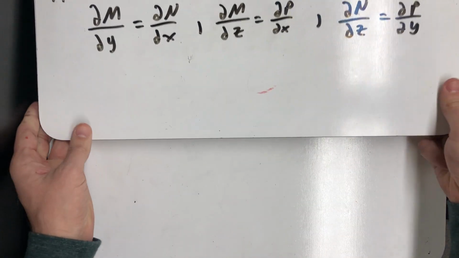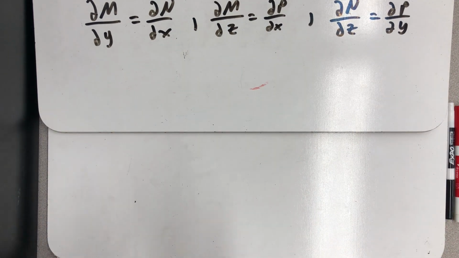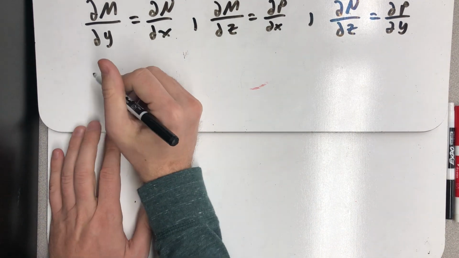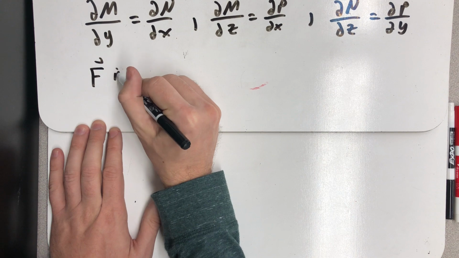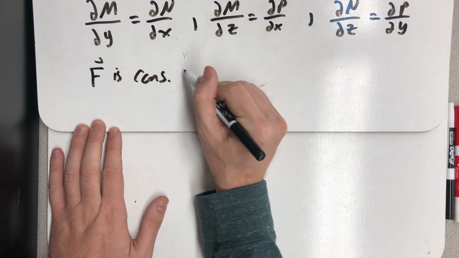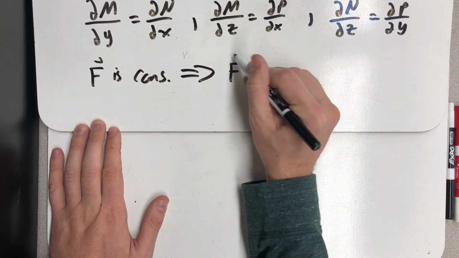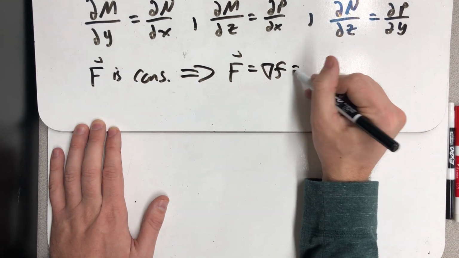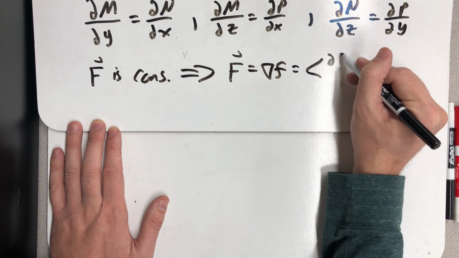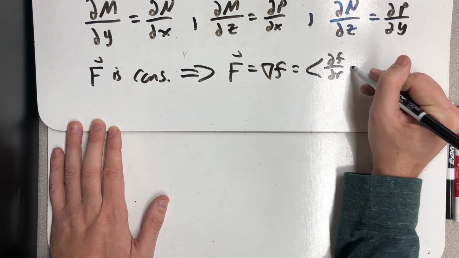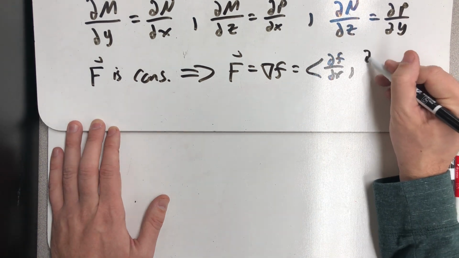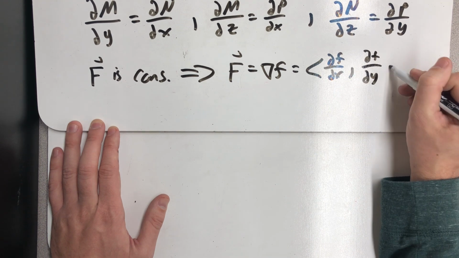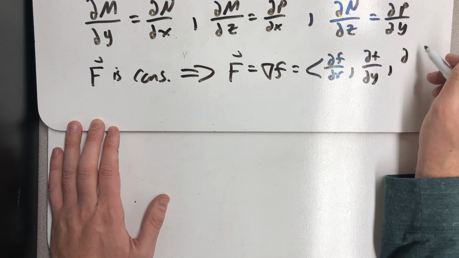So the idea here is that if f is conservative, that would imply that f is a gradient field. And it has some potential function.